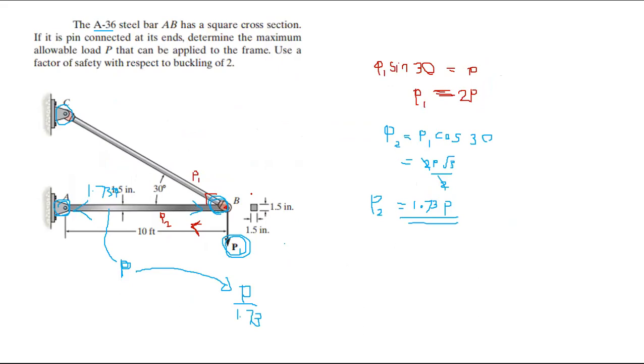If your sigma y value, the yielding value, is given, you need to check both yielding and buckling, which comes first. Your Euler formula can be used if and only if your buckling stress is less than the sigma y value. Okay. Thank you.